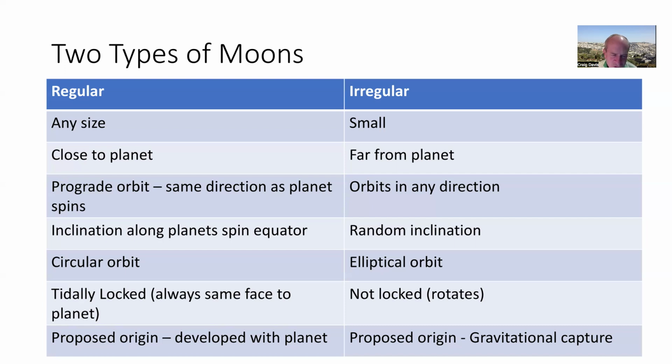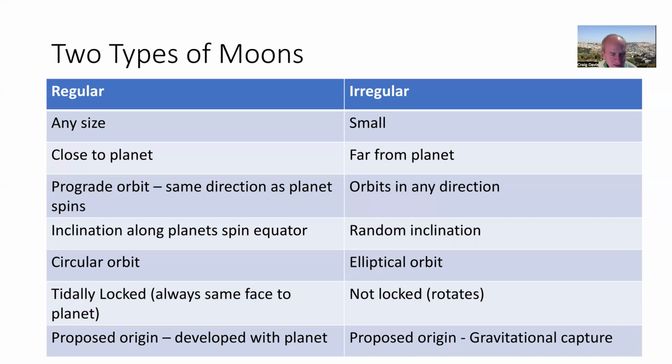The regular moons also tend to orbit right along the planet's spin equator. They're usually even within like 1 degree of the spin equator. But the irregular moons, once again, can have any kind of inclination at all. Regular moons have a circular orbit. Irregular moons are much more elliptical.